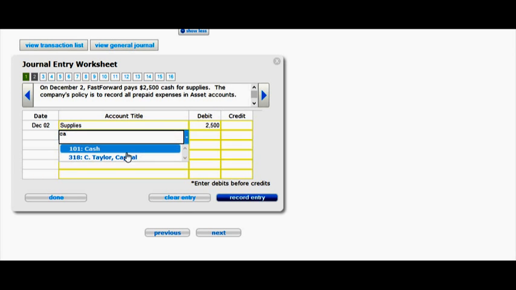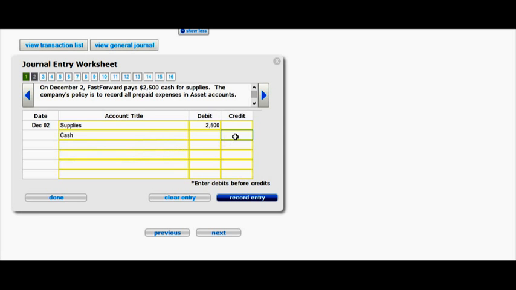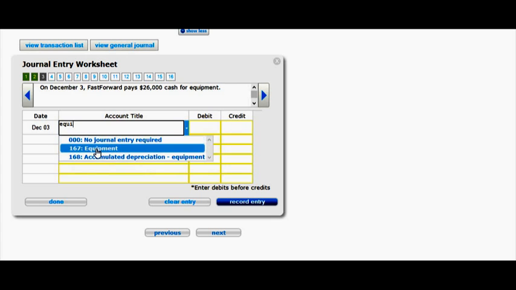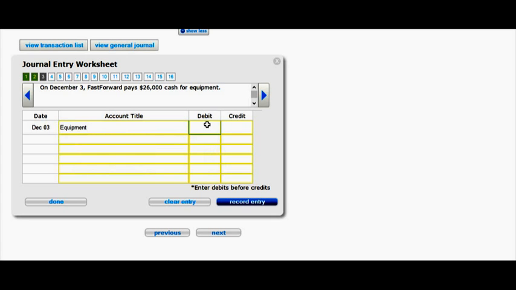And they're paying cash, so your cash is also an asset, but it is decreasing because you're paying it, so it gets recorded on the credit side. And record your entry. On December 3rd, Fast Forward pays $26,000 cash for equipment. Equipment is, again, an asset, $26,000, and they paid cash for it, $26,000 credited.